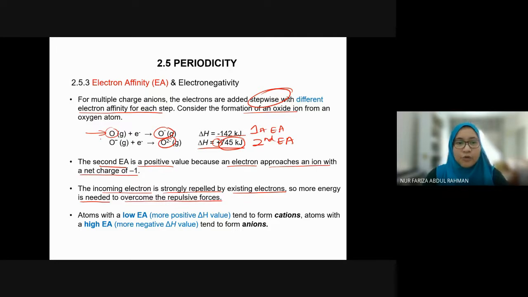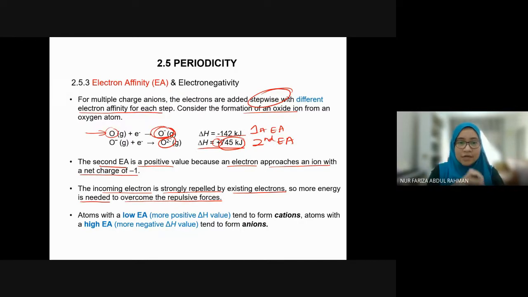So O accepts an electron to become O minus, and it releases energy. But the repulsion in O minus is now higher, because you have added an electron to oxygen, so the repulsion in the ion is higher than before.